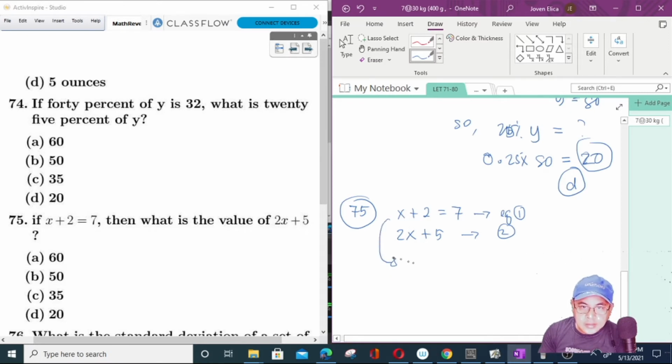So solving this, x equals 7 minus 2, x equals 5, and then substitute 5 into equation number 2. So 2 multiplied by 5 plus 5, the value of 2x plus 5, is equal to 10 plus 5 is equal to 15.